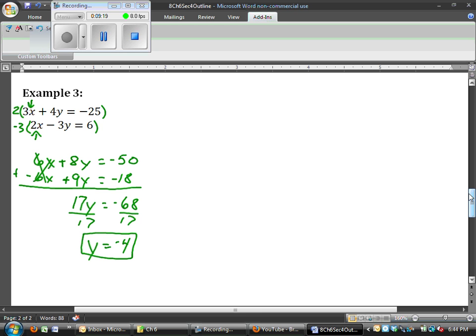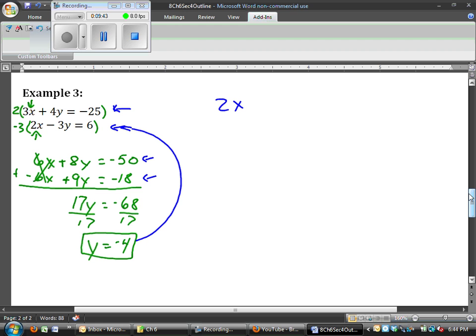Again, this time you have 4 options to choose from. 1 right here, 2, 3, or 4. Any of those equations you can choose. I will probably pick the second one here because it has small numbers. Small numbers are easier to multiply.